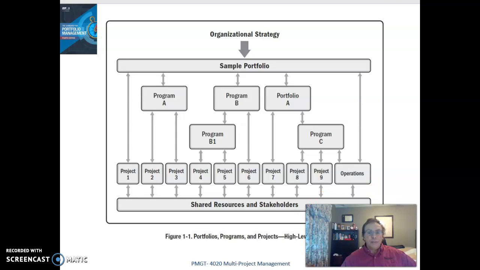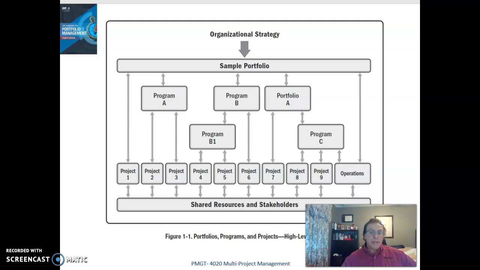What is a portfolio? It is a collection of projects, programs, and operational activities that are managed as a group to achieve strategic objectives. Unlike programs, they are not related, but they share a common purpose, or in some cases, a funding source.